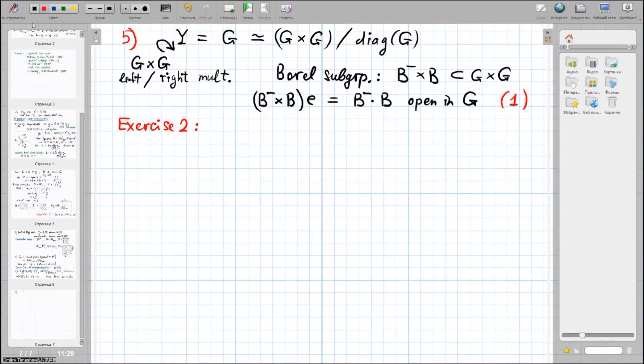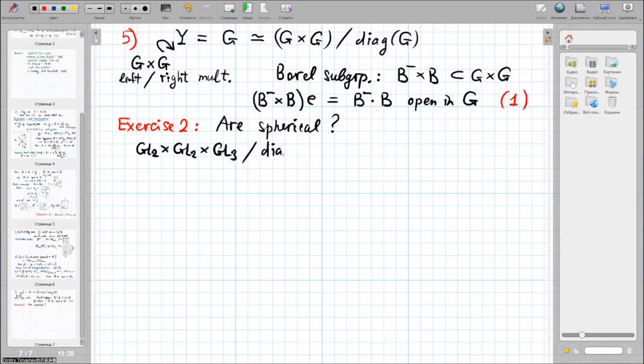Which of the following homogeneous spaces are spherical? So the first one is GL2 3 times over the diagonal GL2. The second is the same for GL3.